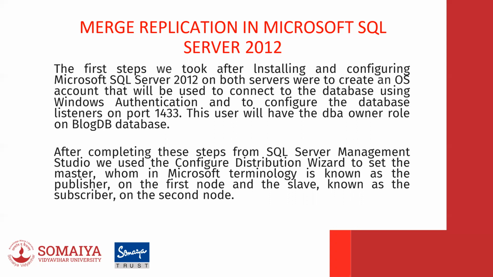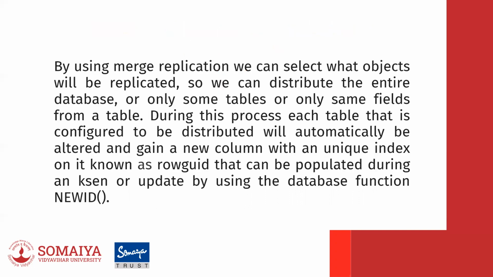After completing these steps from SQL Server Management Studio, we use the configure distribution wizard to set the master, which in Microsoft terminology is known as publisher, on the first node and the slave, known as the subscriber, on the second node. By using merge replication, we can select what objects will be replicated.